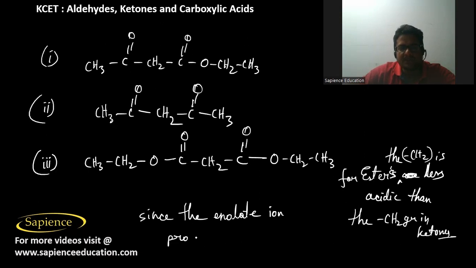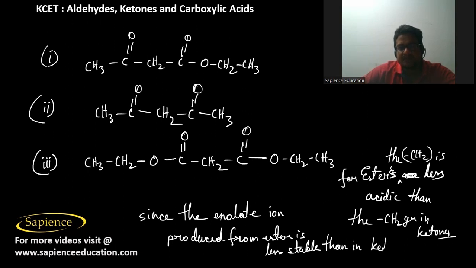The enolate ion that is produced from the ester is less stable than in case of ketone. So hence the methylene group in this ester is less acidic than in case of ketone here.